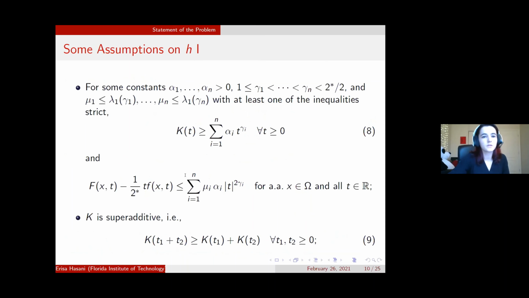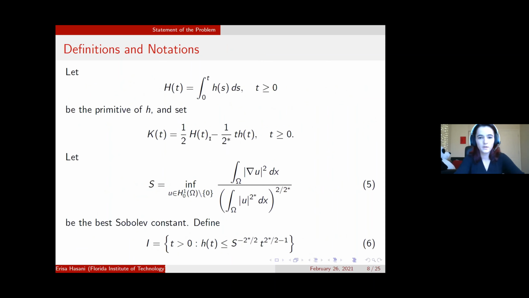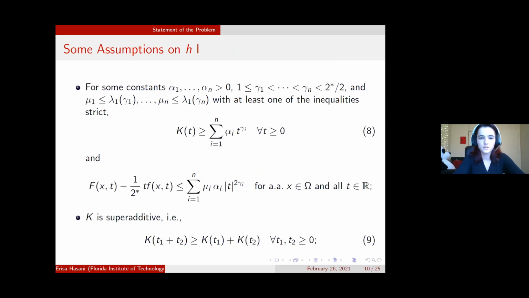Now, since we are generalizing the problem, we have some assumptions on H. In particular, for these positive constants A1 to AN, these gamma i's between 1 and 2 star over 2, and these mu i's bounded by these lambda i's, we want this k of t, which was this difference in here, to be bounded from below by the sum.